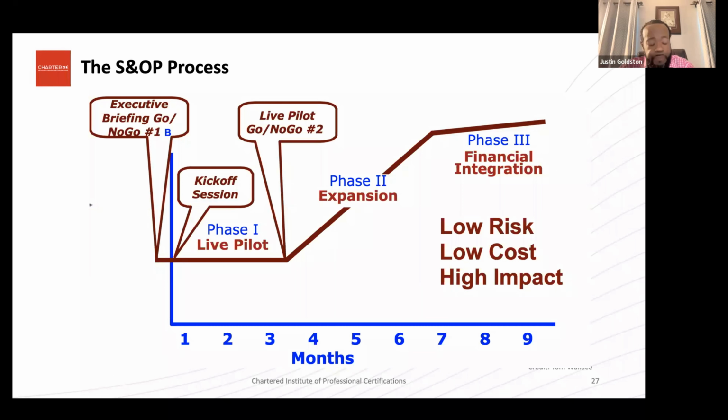This approach, as you can see here, is a low risk, low cost approach, and it's going to provide high impact. So how you would approach this S&OP implementation is a whole discussion in its own, but this is just a high level of a few things that you can consider in adopting the S&OP process.